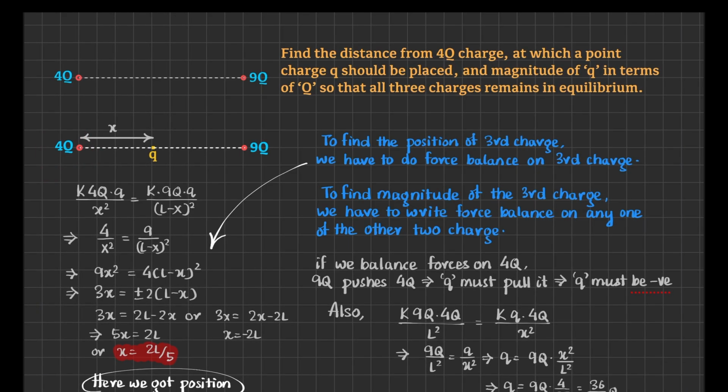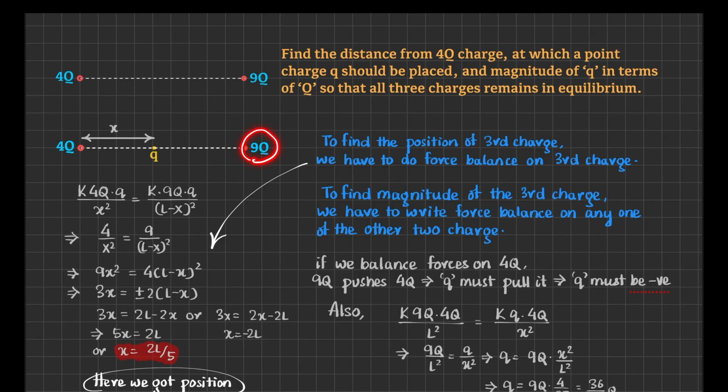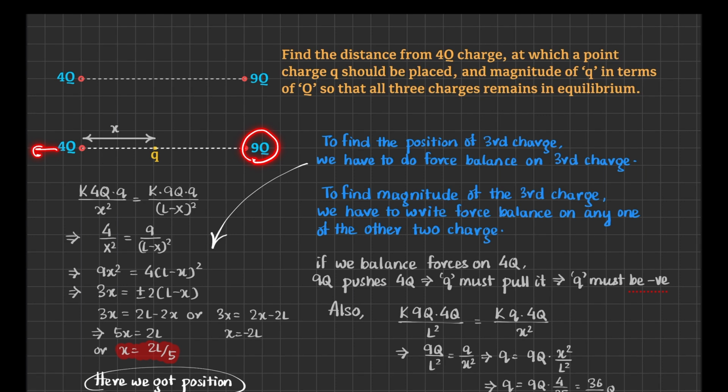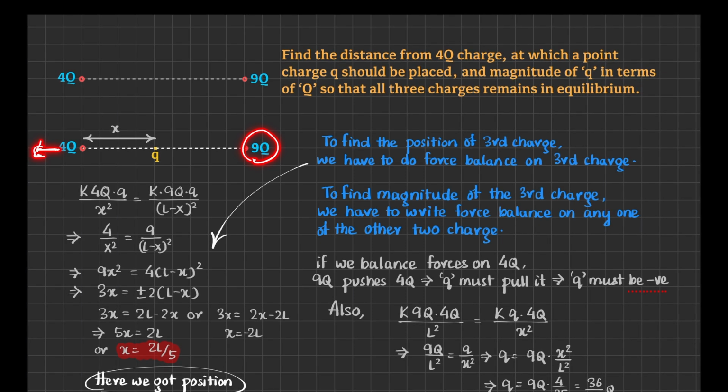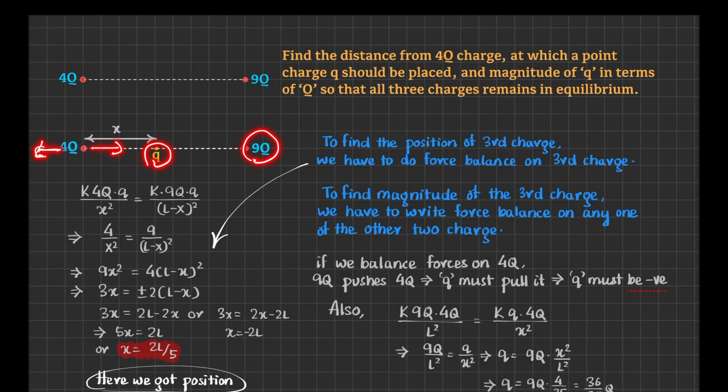So in that case, let's see it logically first. This 9q charge will try to repel it because they are of same nature. So 9q will repel 4q, the force will be towards left. To balance it, the small q must apply a force towards right.